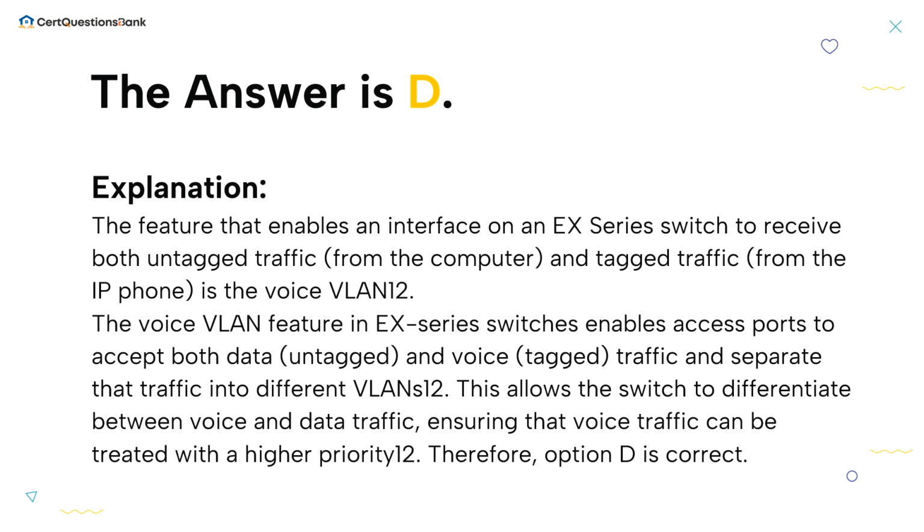The Voice VLAN feature in EX-series switches enables access ports to accept both data (untagged) and voice (tagged) traffic and separate that traffic into different VLANs. This allows the switch to differentiate between voice and data traffic, ensuring that voice traffic can be treated with a higher priority. Therefore, option D is correct.